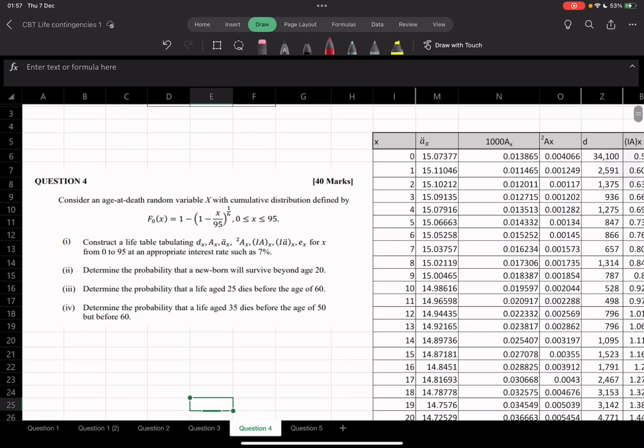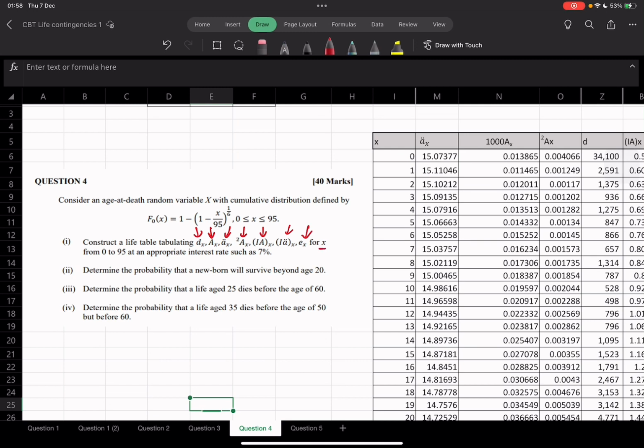On the question, we can see that we need to construct a life table tabulating death rate, whole life insurance, APV of annuity, second moment of whole life insurance, increasing whole life insurance, increasing annuity, and Ex for x.